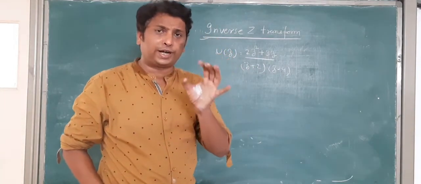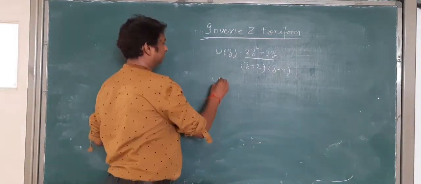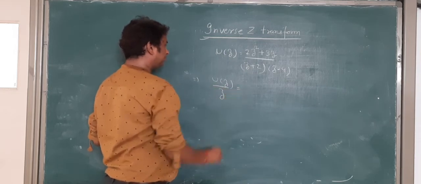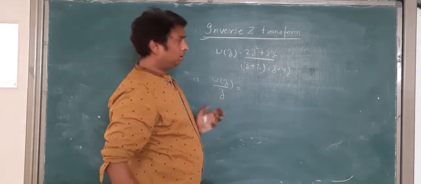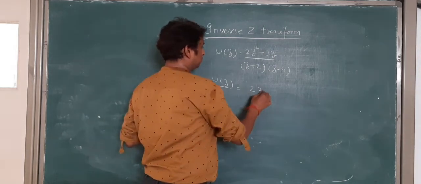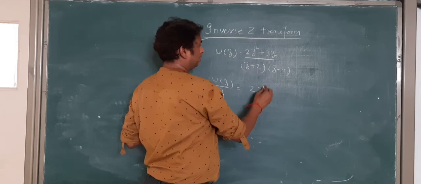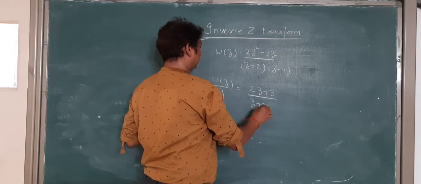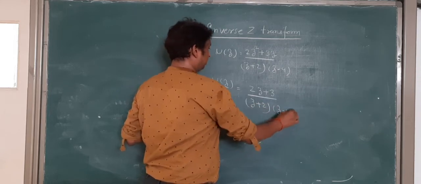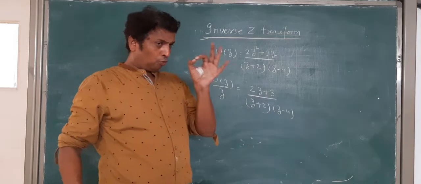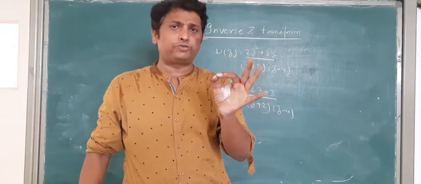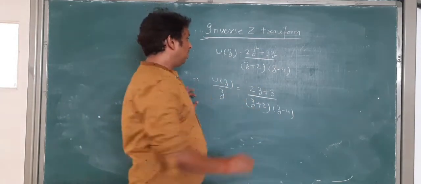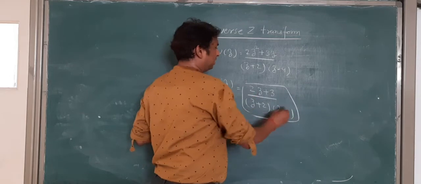Always you have to calculate U(z) by z. So what is the value? Divide the denominator by z, so 2z plus 3. This is your first step. Whatever U(z) is given, divide by z. Now you know the U(z) by z value is this. Whatever the right hand side is, that is your F(z).